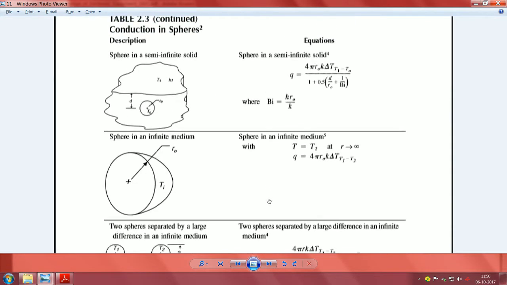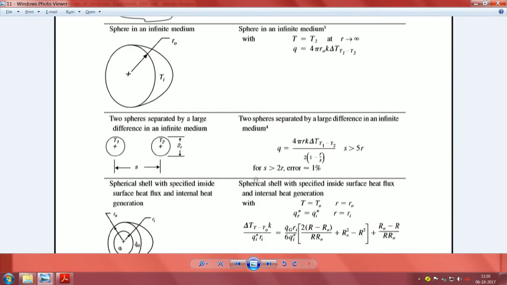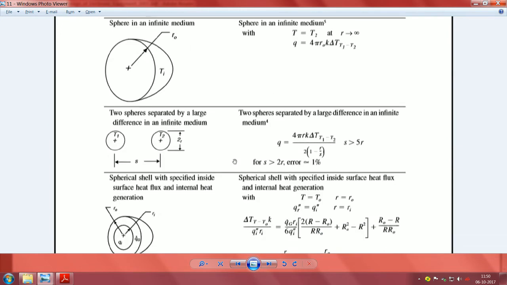So, we have sphere in a semi-infinite solid, sphere in an infinite medium. It goes on like two spheres separated by a large distance in an infinite medium.